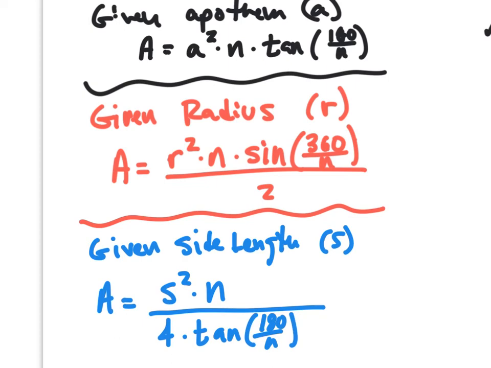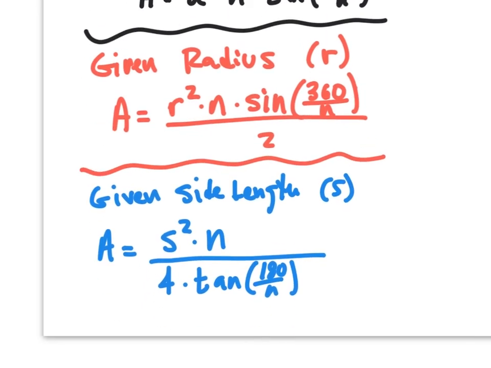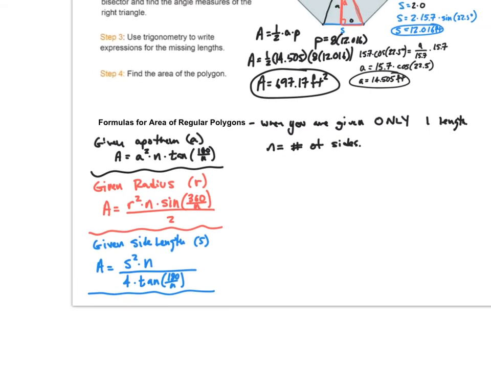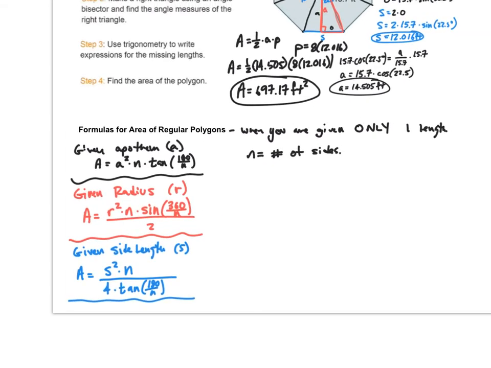So guys, these are just formulas that you can always use, and it kind of just depends on what you're given. If you can use the other method and use this formula, then go ahead and do that. If you have that information, this is going to be a lot easier than doing this.